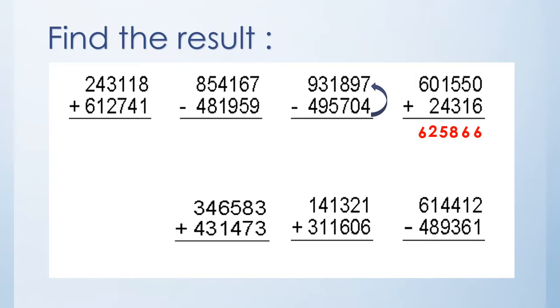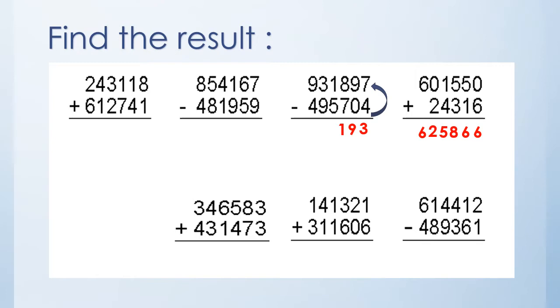After 4, 5, 6, 7. Excellent. We have 3 fingers. 9 minus 0 equals 9. And 8 minus 7. We count from digit down to reach the digit up. Count after 7 to reach 8. After 7, 8. 1.